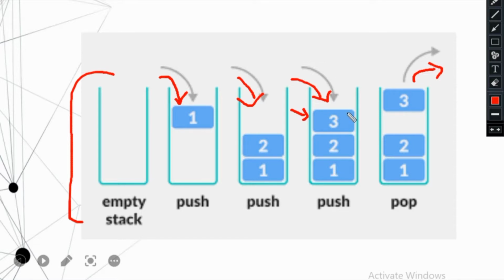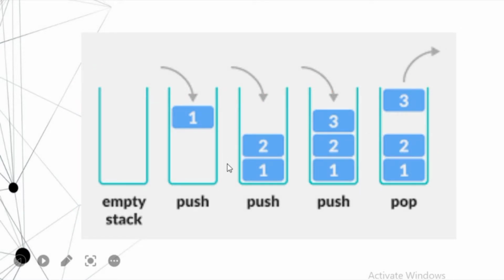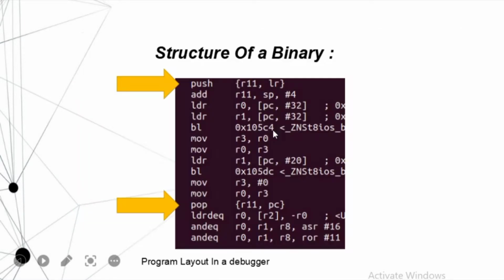The data which is inserted at the very end is popped out first, then 2 will be popped out, and then 1. Another way to say it: the data which we have inserted first will be removed last, or conversely, the data we have inserted last will be popped out first. Both actually mean the same. So this is how the stack works.